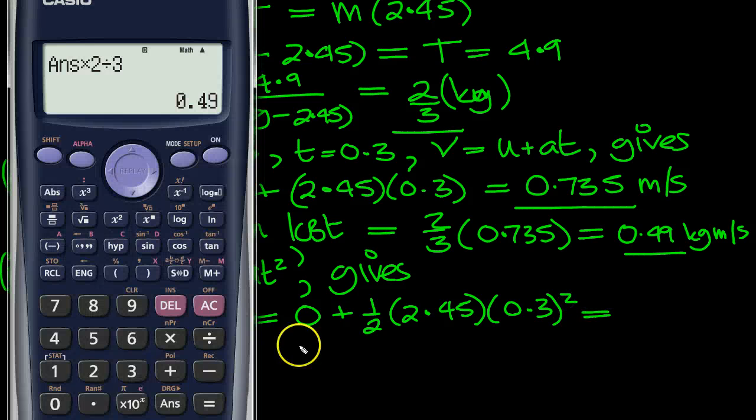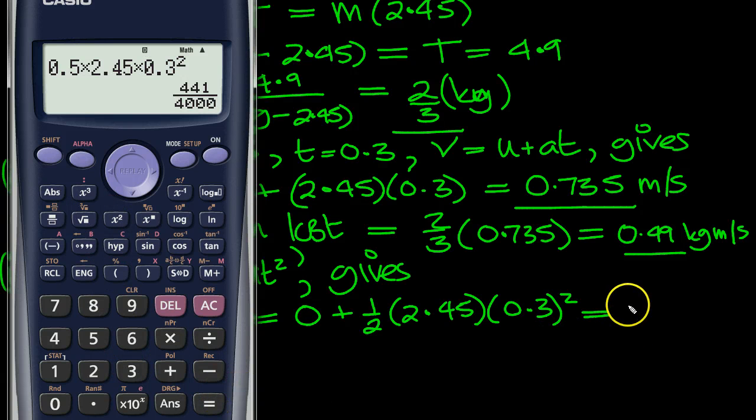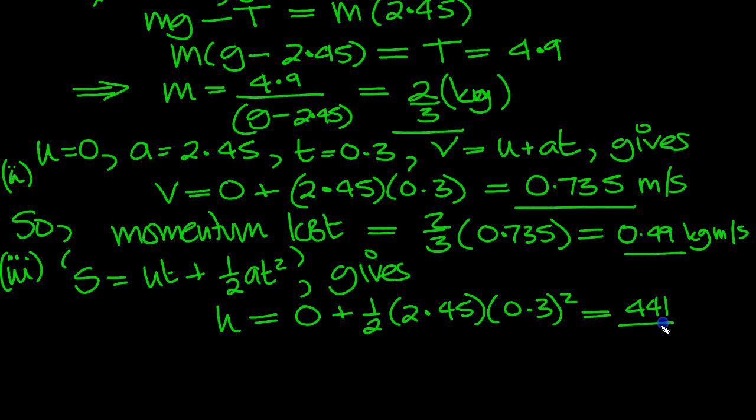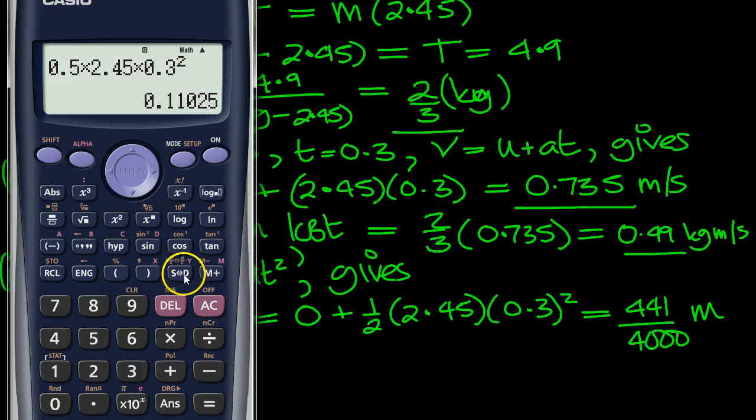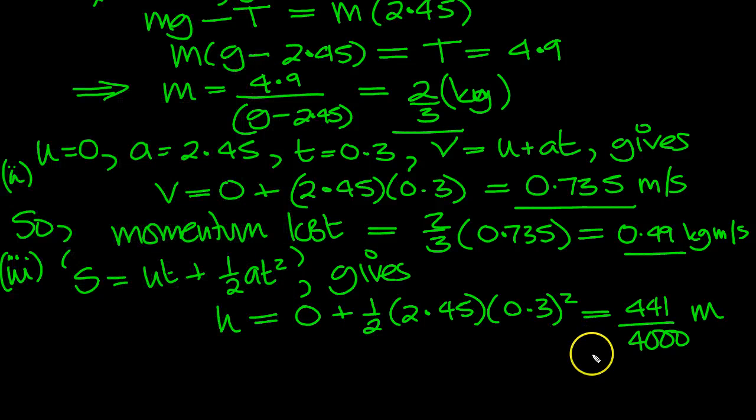So we need to type that in the calculator. 0.5 times 2.45 times 0.3 squared. 441 over 4000 meters. And we can write down the decimal if we wish. 0.11025 meters. Okay, there's the height.